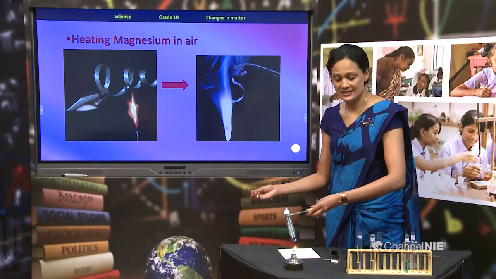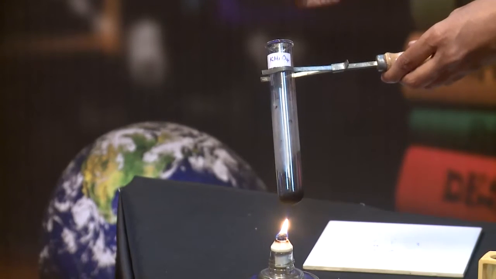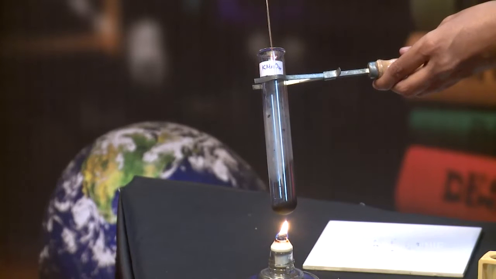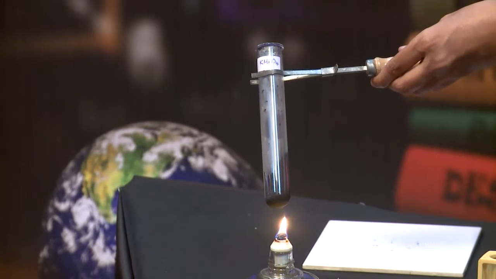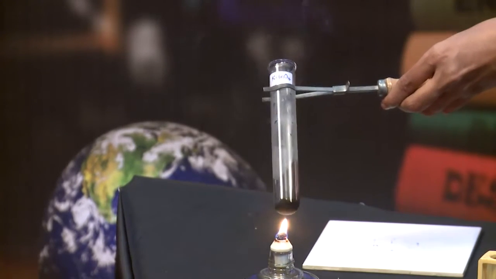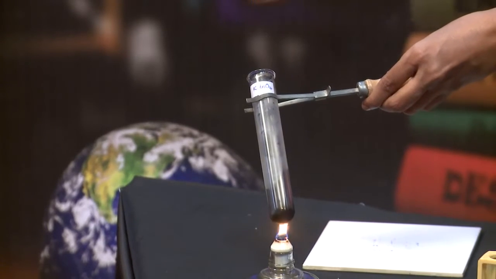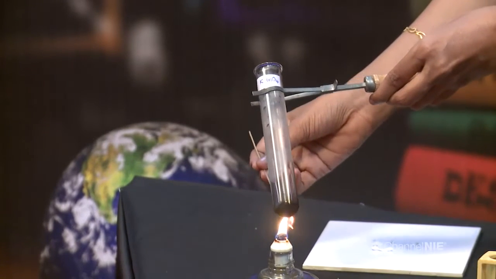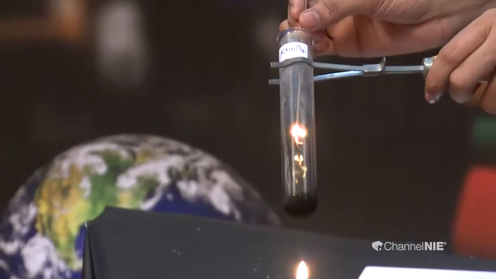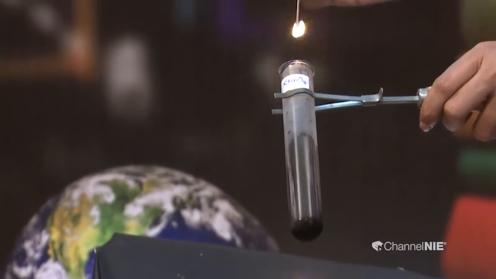Now I am going to insert that glowing splinter into the boiling tube. Again, observe it. Here it reignites.